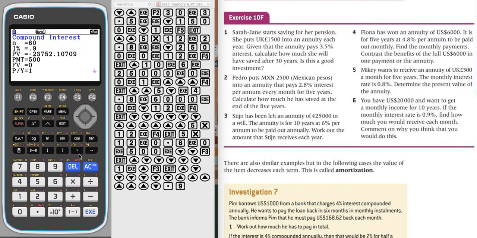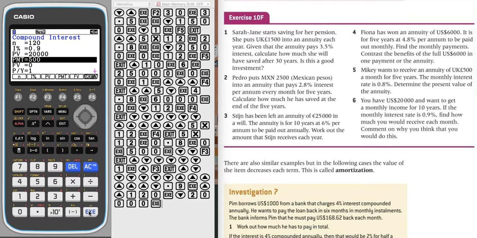So that's 0.9. Now let's think about monthly income for 10 years. So there'd be 12 times 10 there. The present value of this is 20,000. The payment is what you're looking for, so we'll just set it at 0. The future value is you want to drain that account.